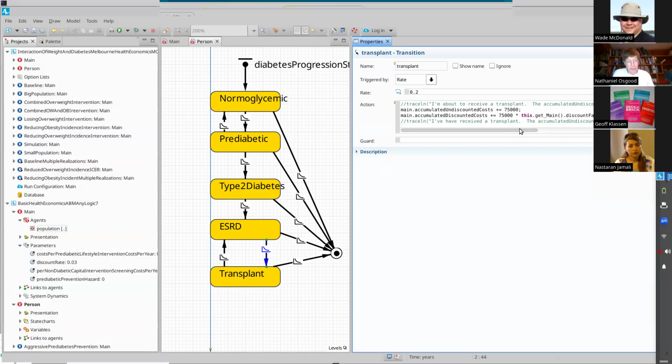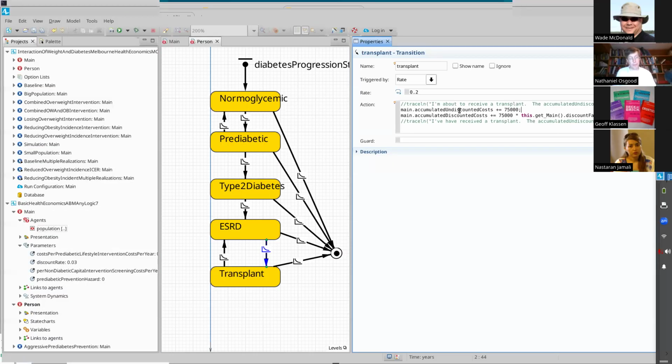And basically $75,000 of costs is accrued, both when considered undiscounted, and for discounted we accrue that times a discount factor, which reflects the fact that this may be accrued some period of time in the future, and that cost then might be treated as similar to a larger amount of cost borne now that could have been invested in some reliable instrument, perhaps traditionally, U.S. Treasuries, although not these days.